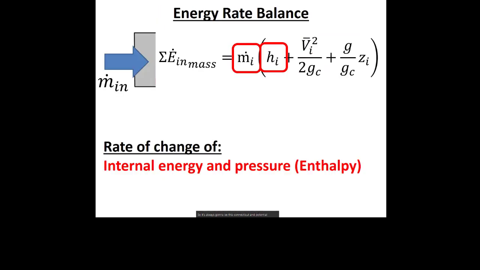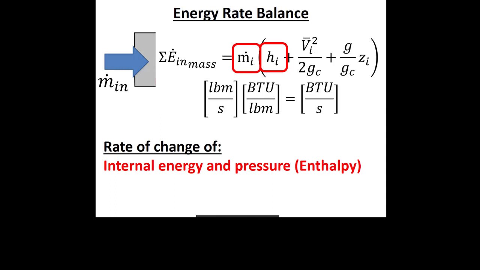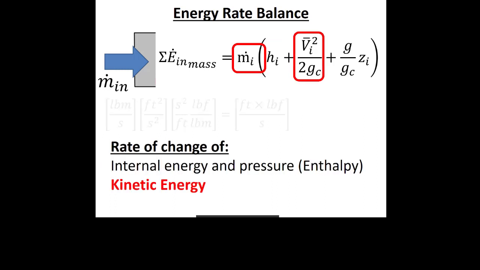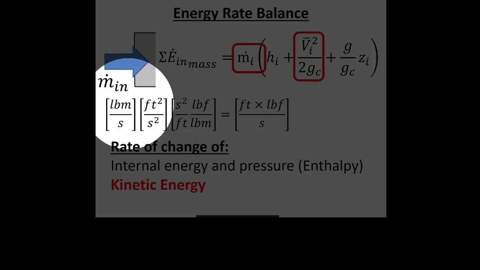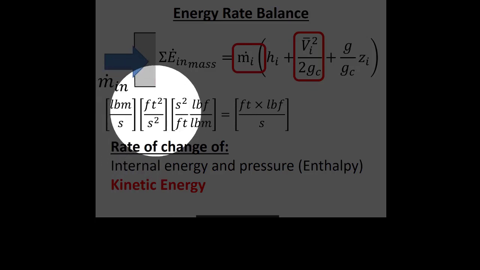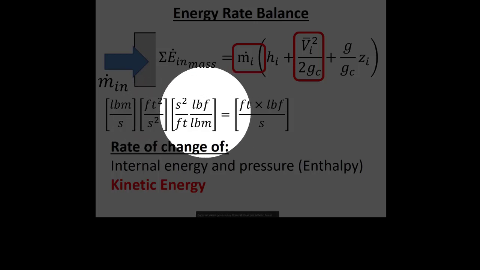So here, again, if we have pounds mass per second and we multiply that by BTU per pound mass, which is what H is when we look it up, this one's nice. It's in BTU per second. BTU is energy, so this is energy per unit time. This one starts to get a little trickier, because we've got mass flow rate, pounds mass per second, times velocity squared, feet squared per second squared, and then 1 over GC.